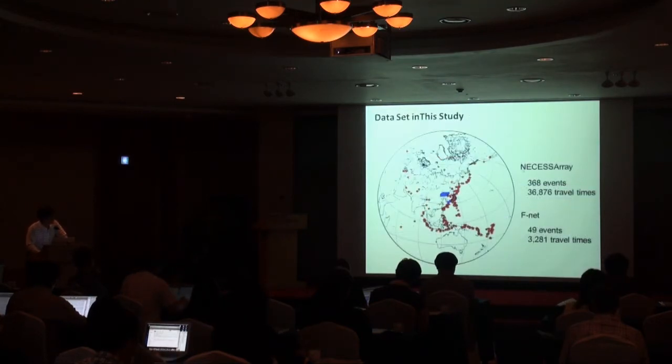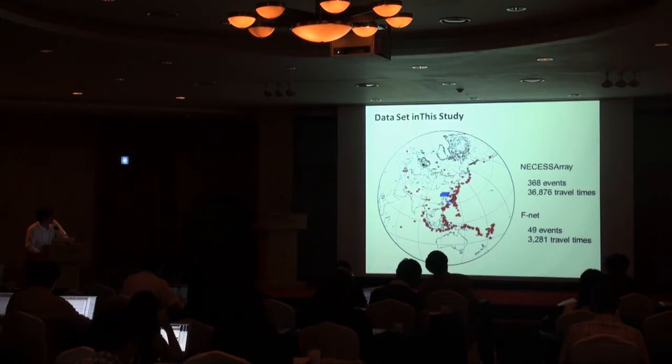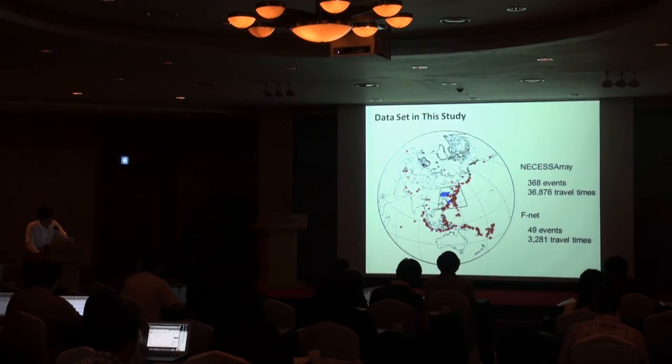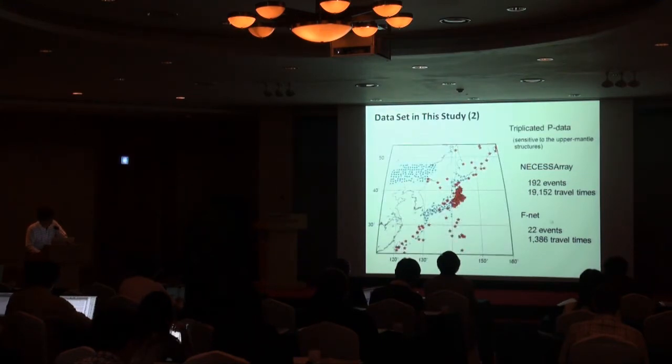We measured almost all available P data, but to improve the coverage, we added a few data from F-net, the network in Japan. The total number of travel times used is about 40,000. But for the discussions in this talk, the data within the triplication distance is important, and about half of them are triplicated waveform data.